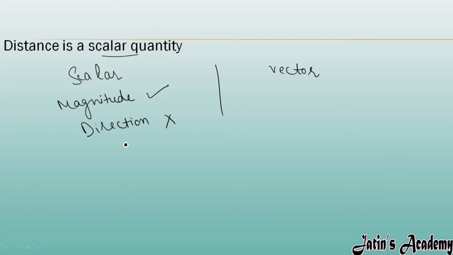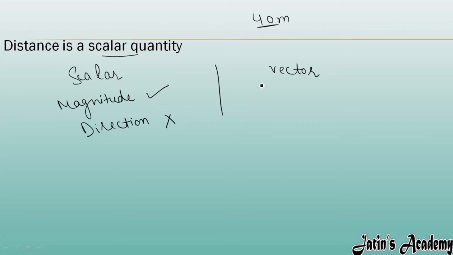Here in scalar quantity, we will not bother about direction. We will only see the magnitude. Magnitude means, for example, a boy covers 40 meter. Here the magnitude is 40. How much distance has he covered? 40 meter. So we are watching the magnitude. But in which direction he has moved, that is not our attention. So in scalar quantity, we are only checking magnitude but no direction.